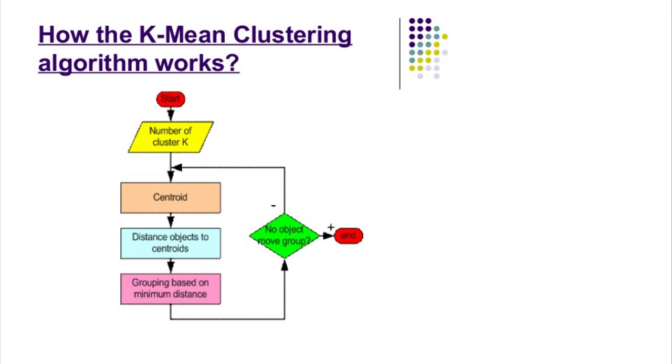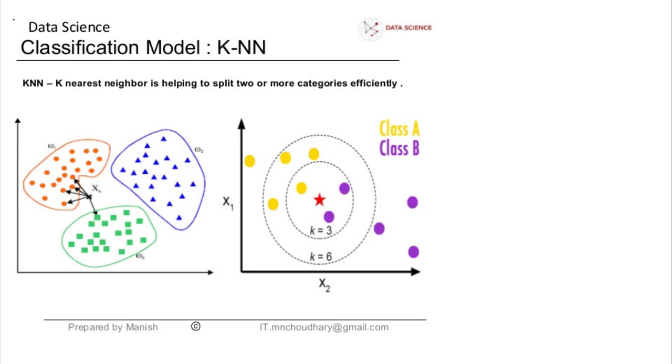So how does k-means clustering work? Choose the number of clusters k, choose the centroids, compute the distance of each object to the centroid, group based on minimum distance, and repeat until no object moves group. As we reduce the size of the clusters, the accuracy increases, so we have parameters to counter that.